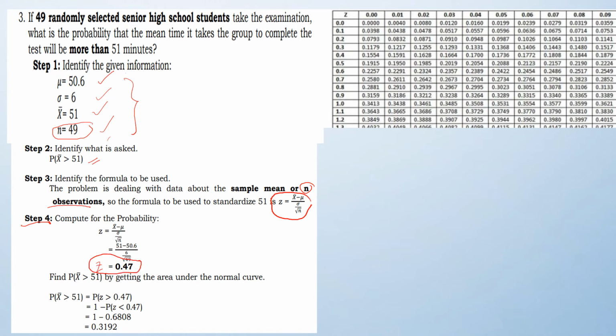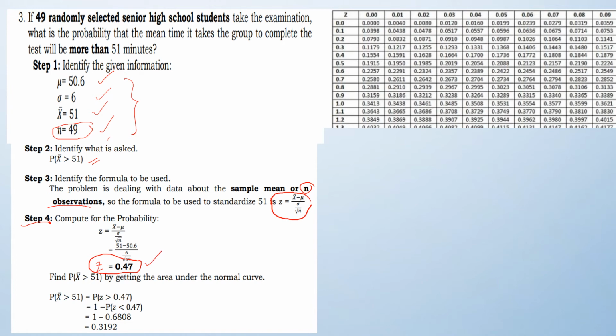Find the probability of the sample mean greater than 51 by getting the area under the normal curve. So we have the probability of the sample mean greater than 51 will be the probability of z greater than 0.47 kasi na-change na natin yung x into z.